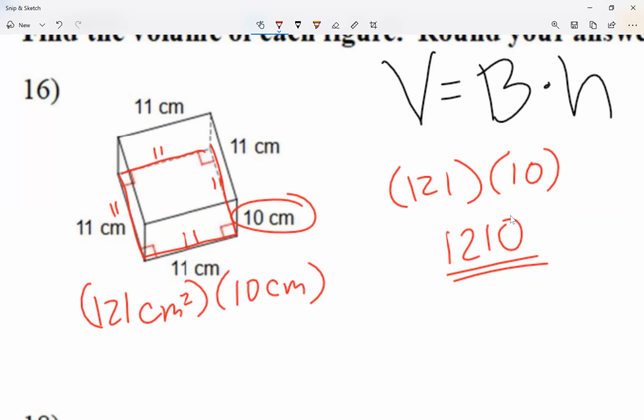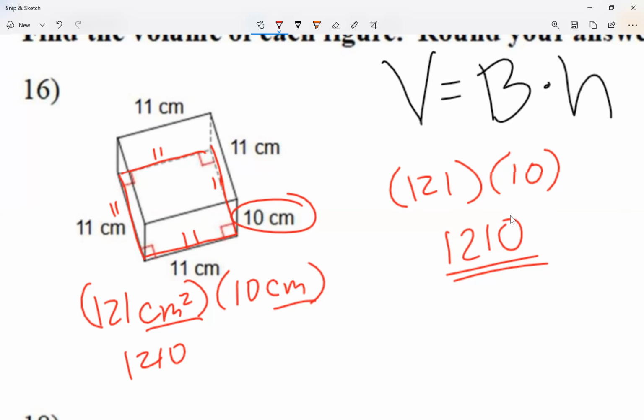When I multiply the numbers, I get 1,210. But something about the measurement, centimeters squared and centimeters: we can say centimeters to the second and centimeters to the one. When I'm multiplying letters or measurements, I'm just going to add the exponents.